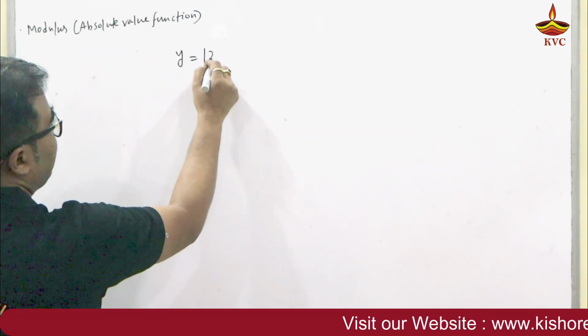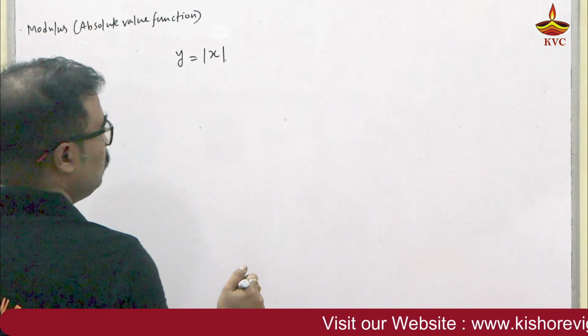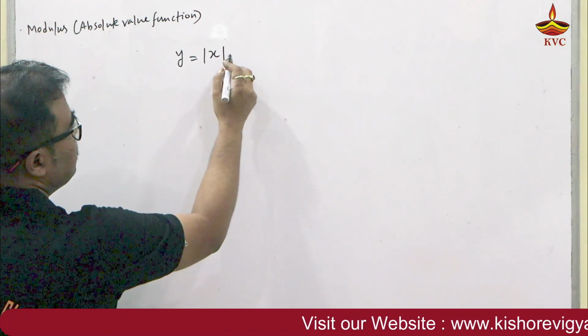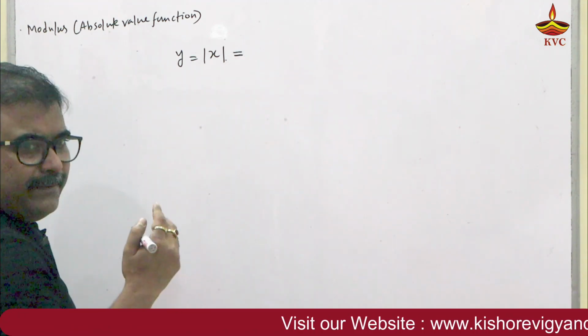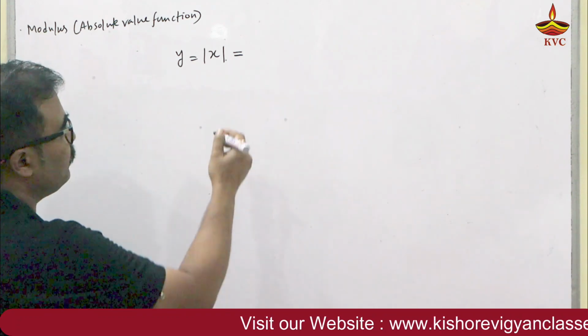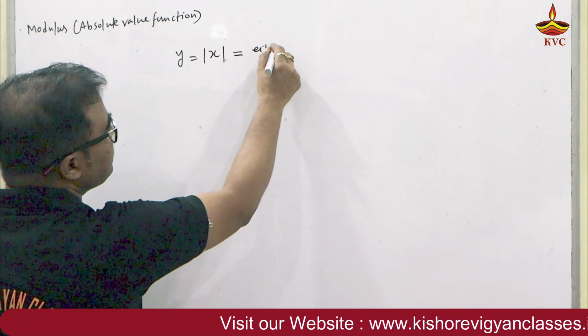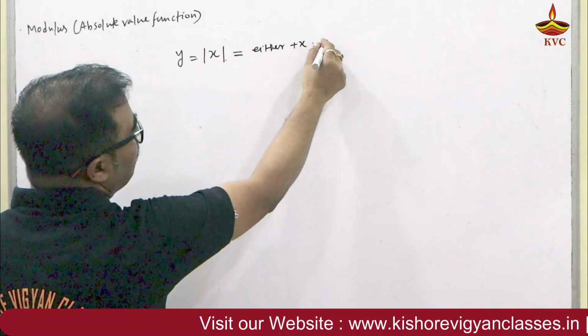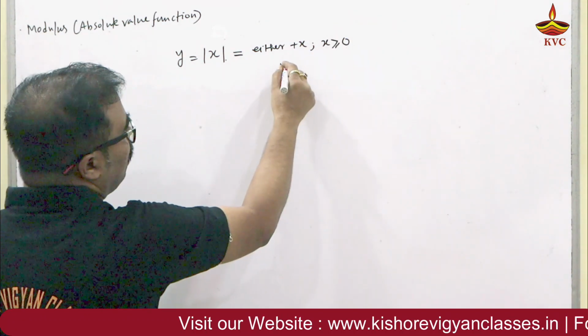Y equals mod x. It is a very important thing: whenever you unfold the modulus operator, it will give you either plus x or minus x.